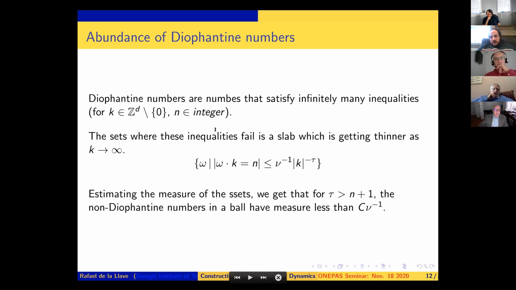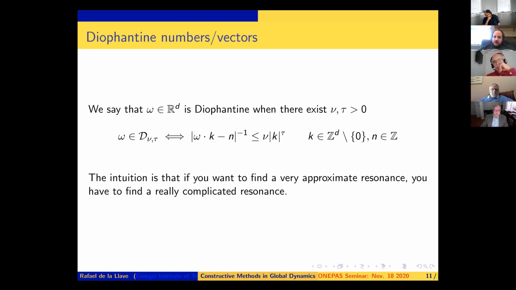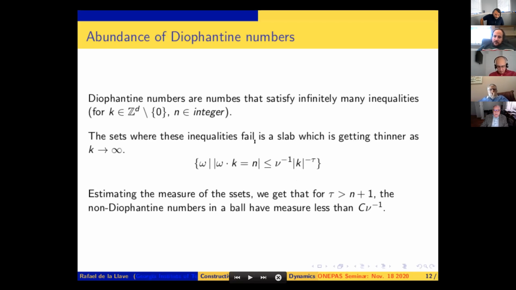These Diophantine numbers are very abundant, in the sense that you need to satisfy different conditions, and of course over here this should be a minus, right? And so you have all these conditions, etc. These things have to be smaller. So when these inequalities fail, they fail, and this should be a strict inequality.